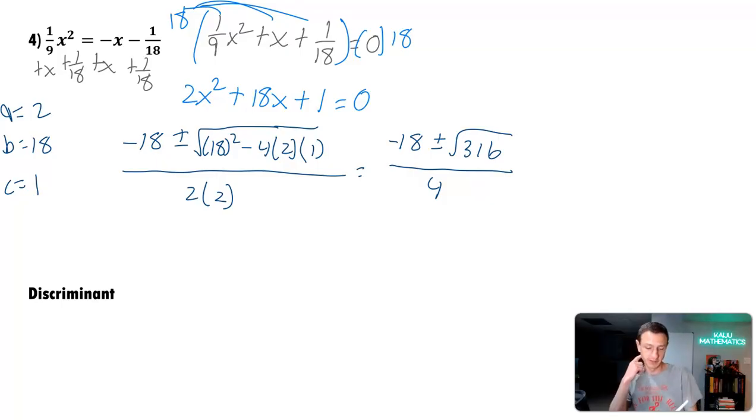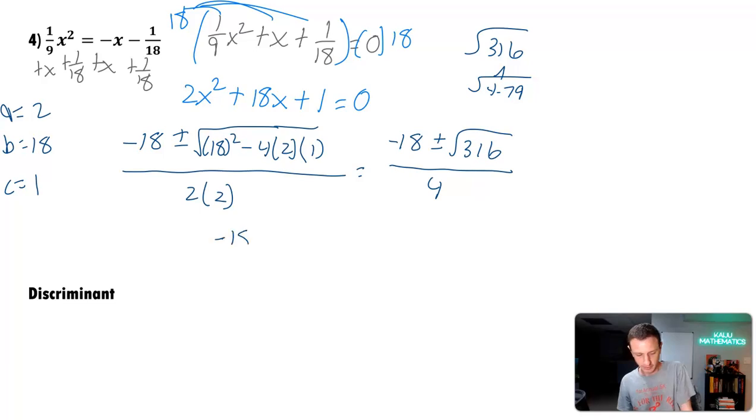So 316. I can't stop thinking about wrestling when I see the numbers 316. So 316 is 4 times 79. So that's going to be 2 root 79. Not the cleanest simplification here. So negative 18 plus or minus 2 square root of 79 over 4.